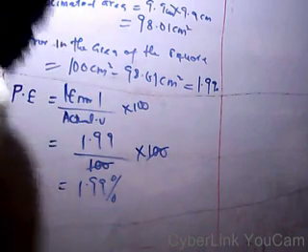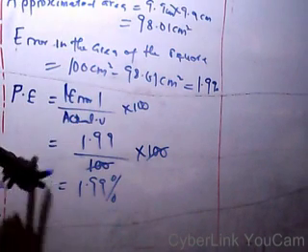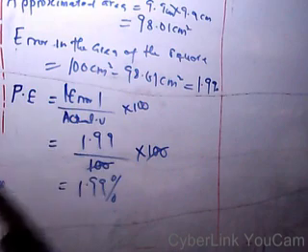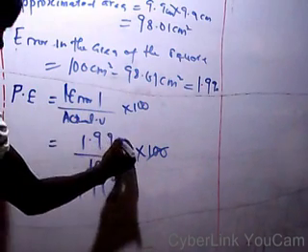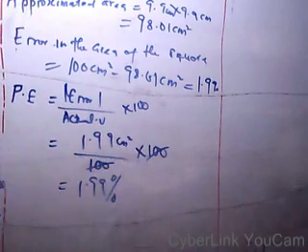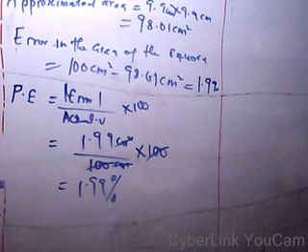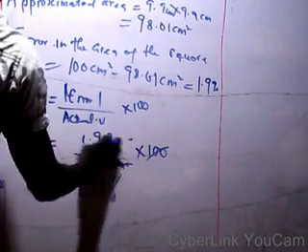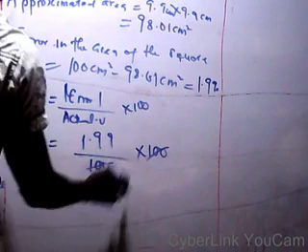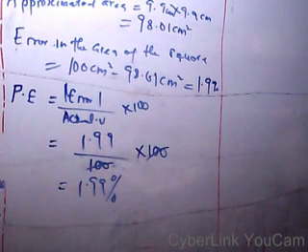So we get 1.99%. Please, the unit for percent error is always the percentage, because when you put this unit here and you put this unit here also, it will cancel, as the ones we have been doing previously. When you put the unit, after you do your division, the unit will go. That's why I don't bother to put the unit there again. So the value is 1.99%.